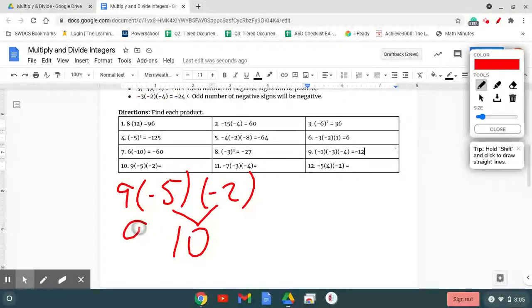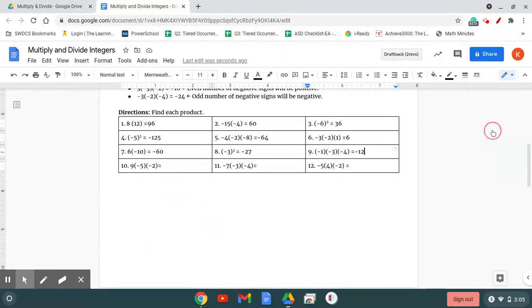So we're going to bring down the 9. But now I just have 9 and a 10. We have to put one of these numbers in parentheses, and it doesn't matter which one. I'm just going to put the 10 in parentheses. So now we have 9 times 10. 9 times 10 is just 90. So our answer is positive 90.